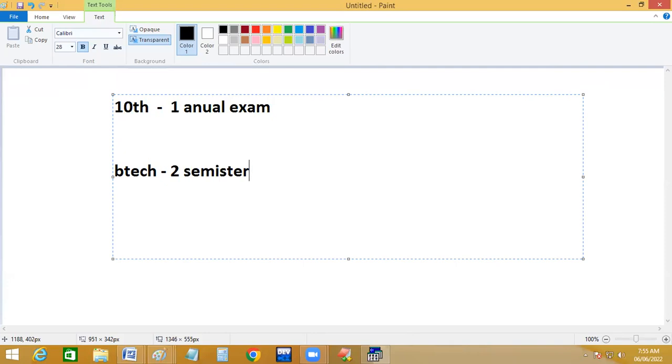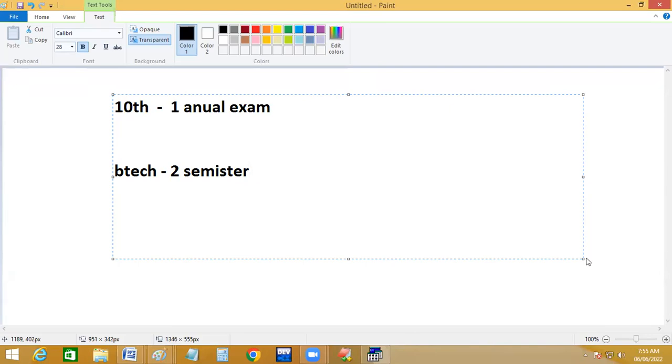Now tell me, why for 10th class students only one option, but for BTech students two options? You are not able to answer. Why? Because in 10th class there is only one exam, and in BTech every year two exams. I'm asking.